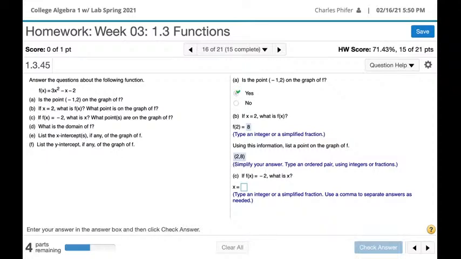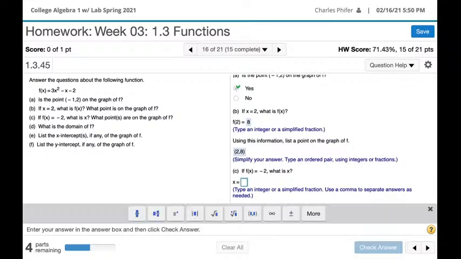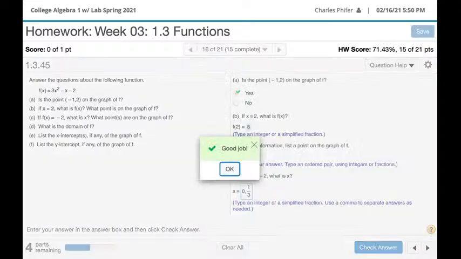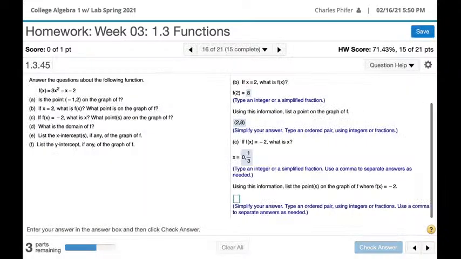When Y is -2, the X value was, so that was C? We got 2 results. Type an integer, use commas to separate answers as needed. So when Y was -2, we got 1/3 and we got 0. We got 0, 1/3. Okay. It's the point or points.